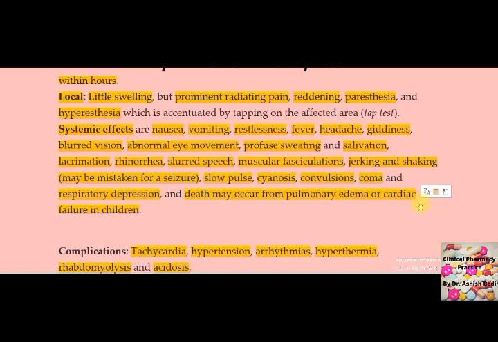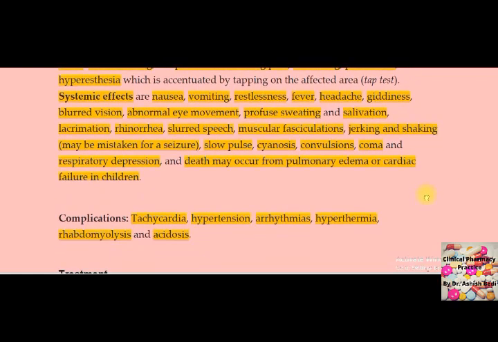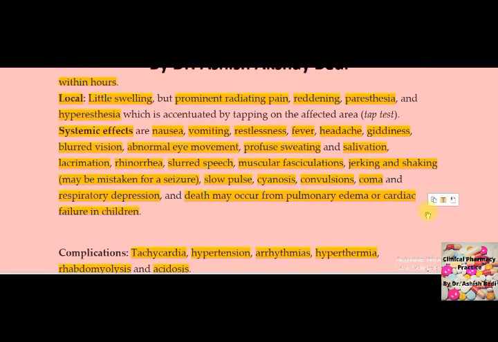So how will you memorize that? It is very simple. First, you know tachycardia and hypertension; these are the signs and symptoms of adrenergic system activation. Then the rest are salivation, SLUDGE, which you already understood.